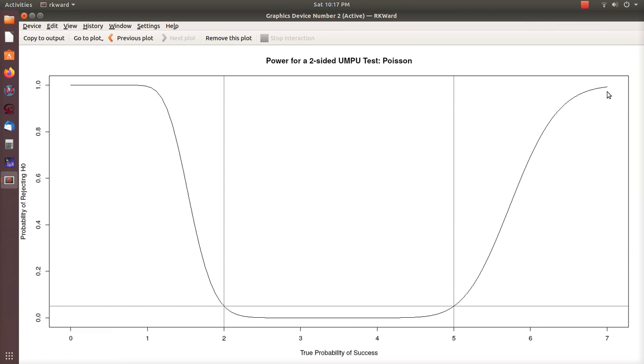Because for some reason I love this. I love how the theory works. The null region is between 2 and 5, and the power curve is below 0.05. And in the alternative region, it's above 0.05, so it's an unbiased test. But this is the uniformly most powerful unbiased test for these hypotheses.